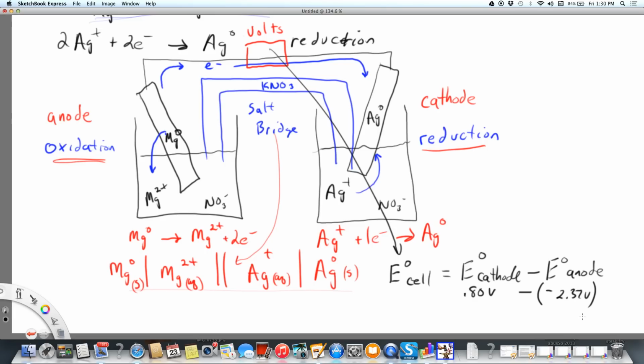And when I do that subtraction, I get 3.17 volts. And it must be positive to be spontaneous. So now we've looked at how to draw an electrochemical cell, a galvanic cell, also known as a voltaic cell, and calculate its voltage.